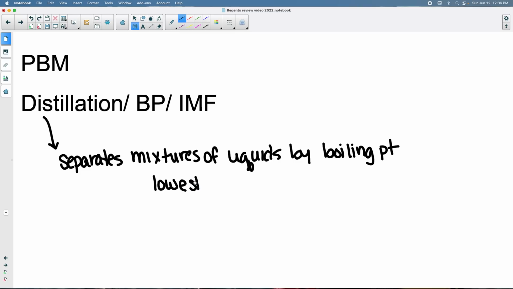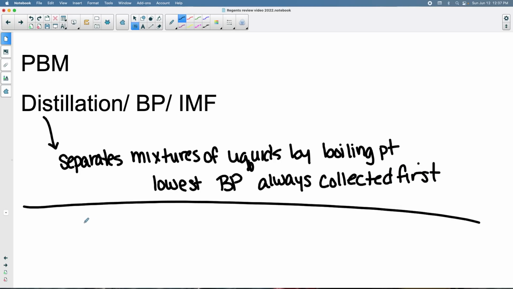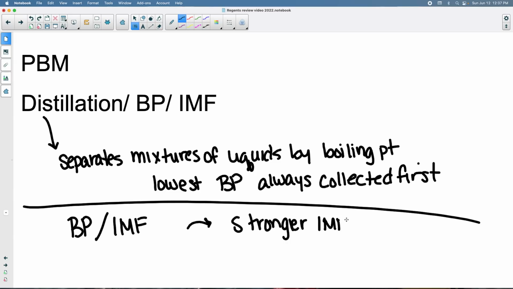Lowest boiling point is always collected first, and boiling point as it relates to intermolecular forces: stronger intermolecular forces lead to a higher boiling point because it requires more energy to separate the molecules, atoms or ions from each other in order to go from the liquid to the gas state.